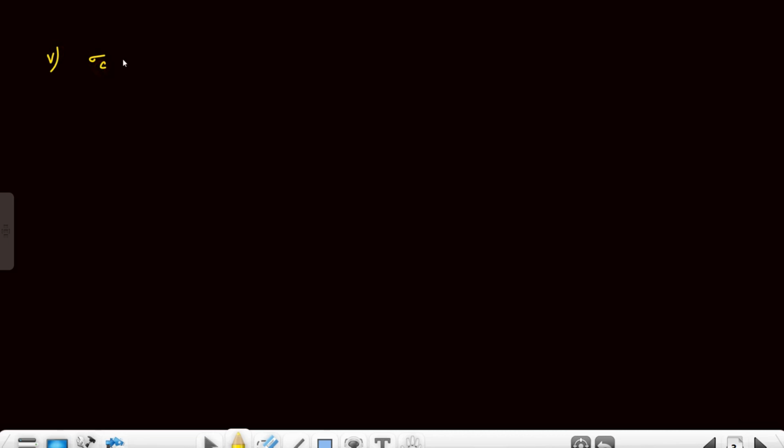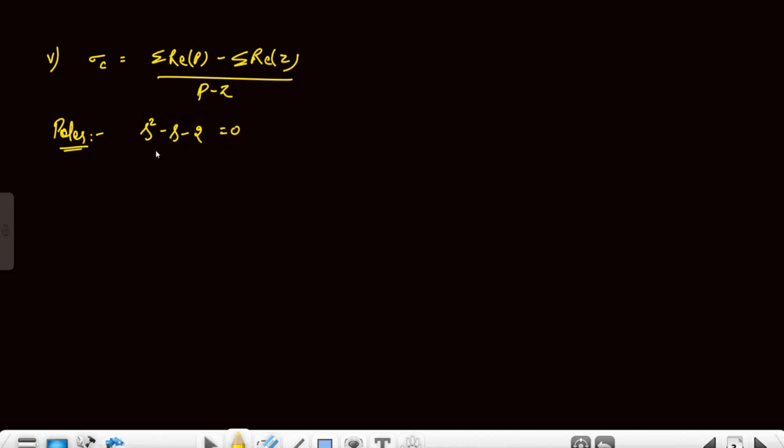Now the centroid, from where the asymptote lines originate, is defined as the summation of the real parts of poles minus the summation of the real parts of zeros, upon P−Z. First we have to calculate the poles, which are the roots of the polynomial s² − s − 2 = 0.